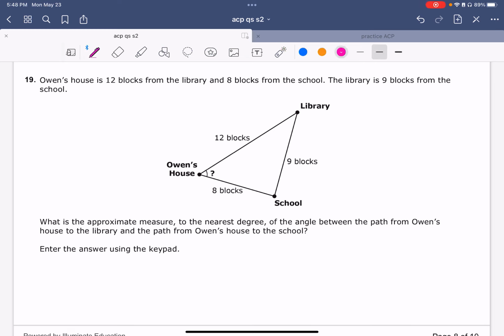Okay, so I'm going to label my sides. Owen's house, I'm going to label as O. So if this is big O, then across from him has to be little o. I'm going to label the school S, and across from there will be little s. And then finally, across from angle L will be little l. So remember, whatever you're solving for has to be the first letter.